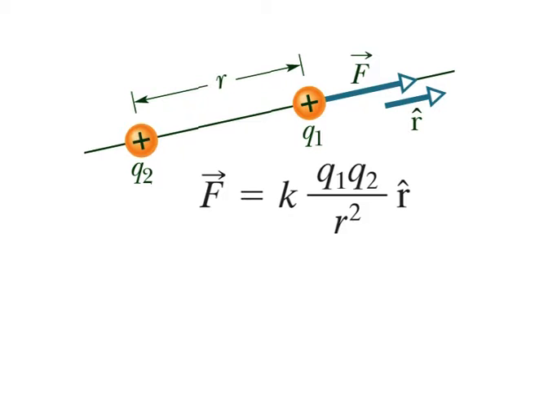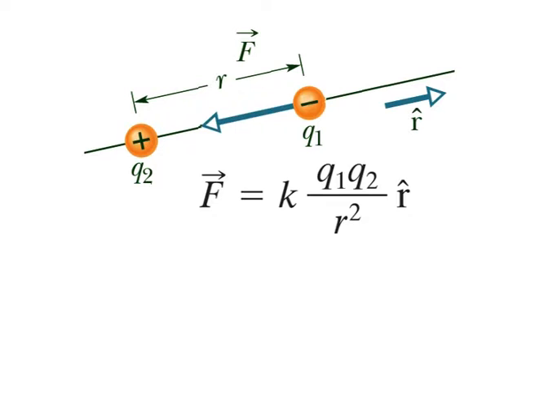That checks because particle 1 is being repelled from particle 2. Next, if q1 and q2 have opposite signs, the product q1 q2 gives us a negative result. So now equation C1 tells us that the force on particle 1 is in the direction opposite of unit vector r. That checks because particle 1 is being attracted towards particle 2.